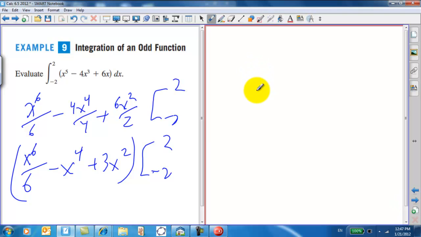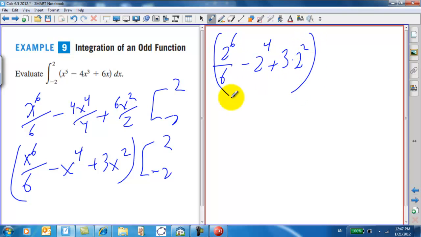So we're going to do the 2 first and subtract off this. So we have 2 to the 6th over 6 minus 2 to the 4th plus 3 times 2 squared minus -2 to the 6th over 6 minus -2 to the 4th plus 3 times -2 squared.